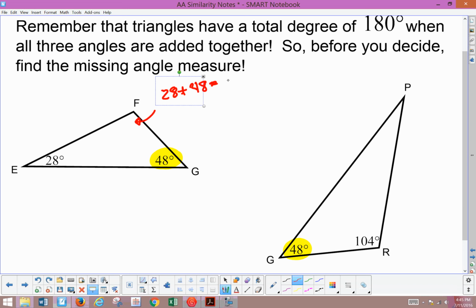It looks like I've already used 76 degrees. If I take 180, the total degree for the triangle, and I subtract the 76 I've already used, that leaves me with 104 degrees. So I know this angle is a 104 degree angle.